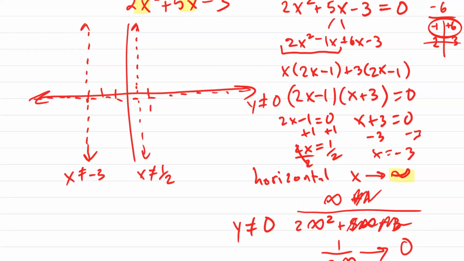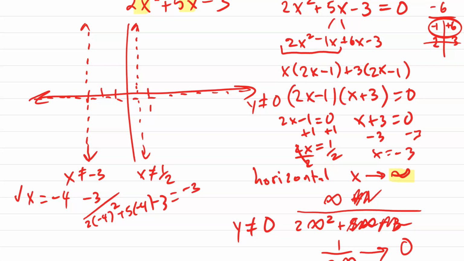What does this graph look like? We're going to check points around the region. So if I check x equals negative 4, we get on the top negative 3 over 2 times negative 4 squared plus 5 times negative 4 minus 3, I don't know, 16, 32, minus 20 is 12.